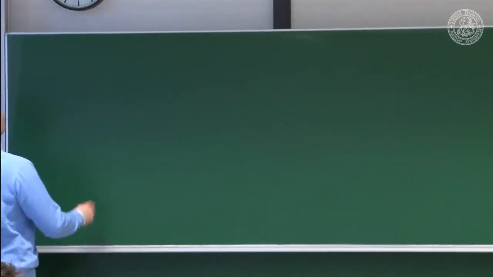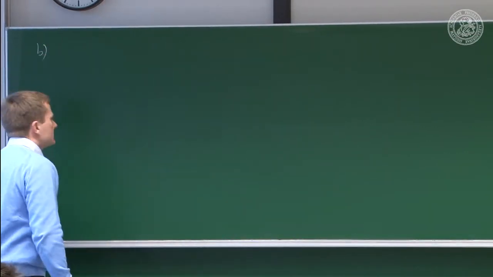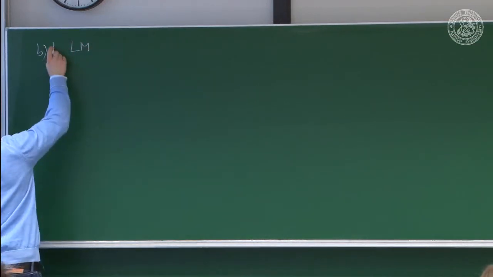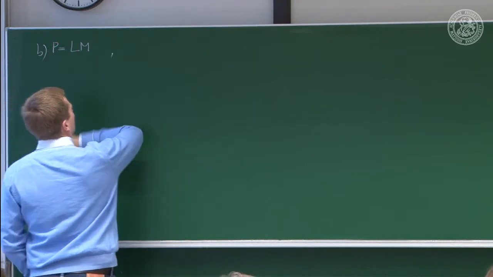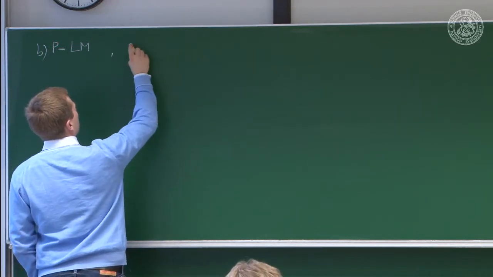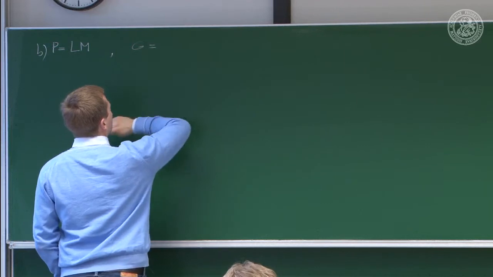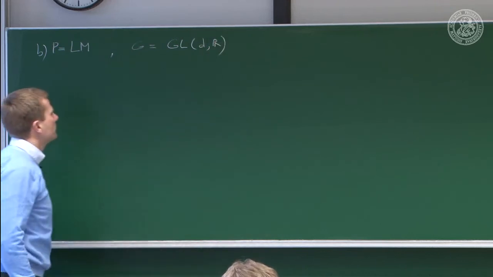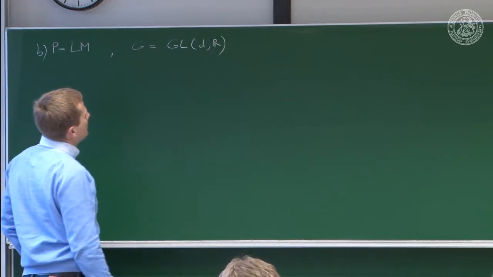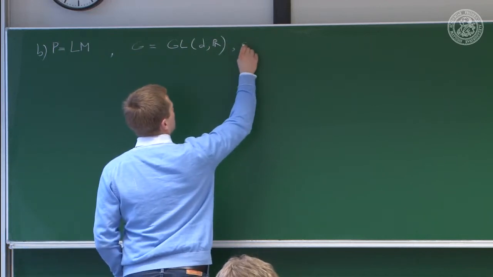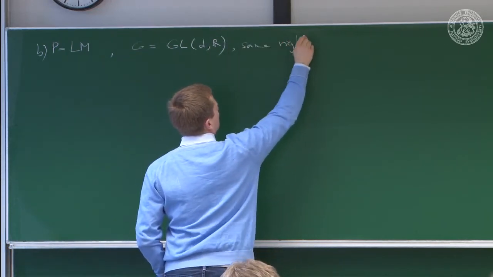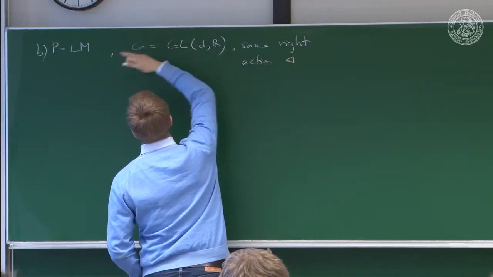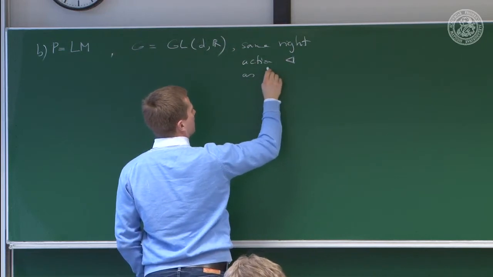So the second example I'd like to look at is a straightforward extension of this. We again consider the frame bundle of some smooth manifold M as the principal bundle. We again take the group of this principal bundle as GLD, R, and we still have the same right action of this GL on the LM as before.